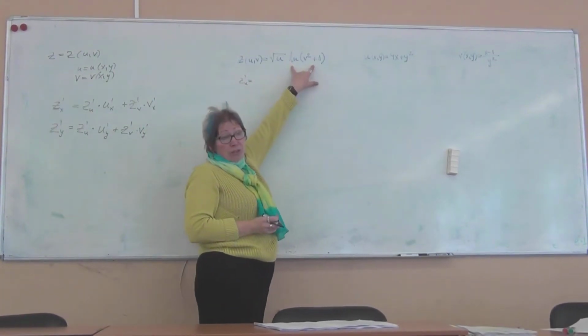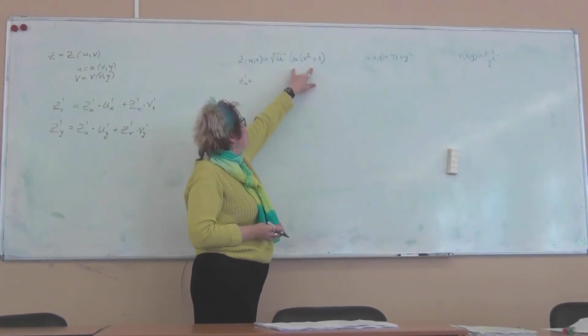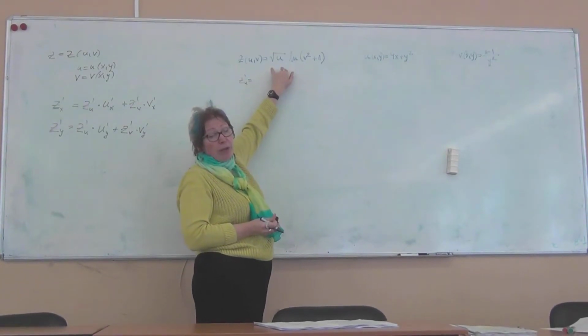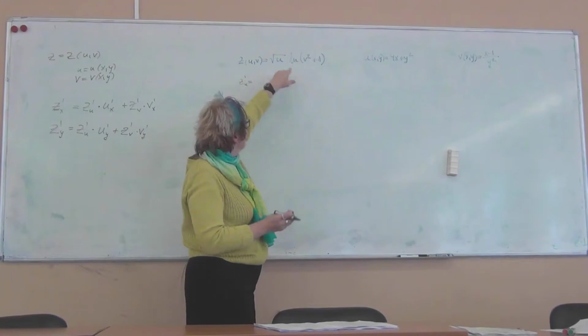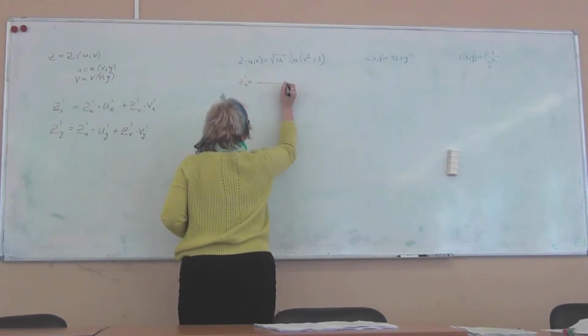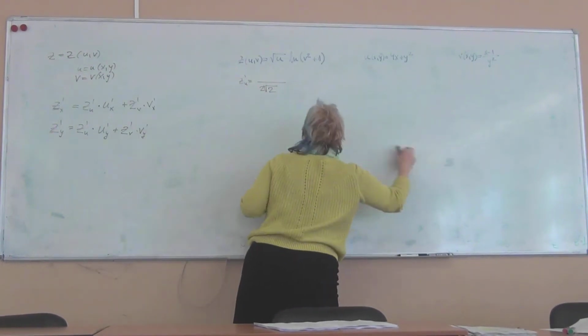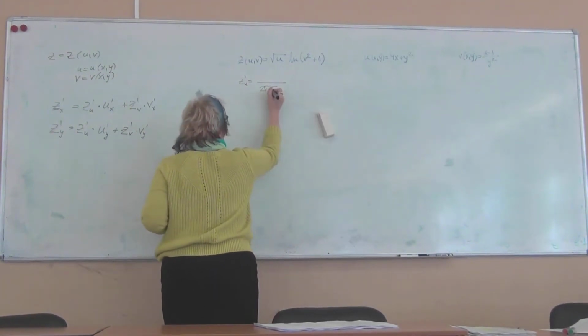This is a constant for u. So it seems that we have constant times square root of u. The derivative of square root is 1 divided by 2 such square roots. So the derivative will be division by 2 square roots of u.